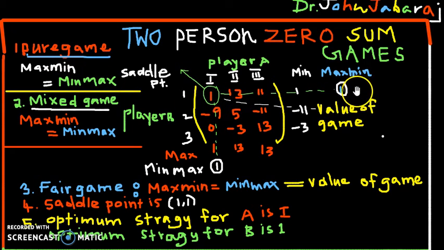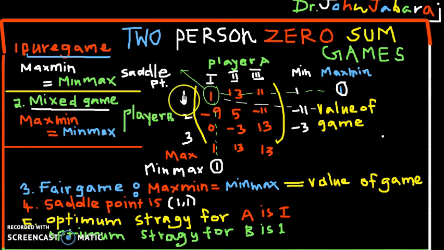Now look at that, the intersection of max min and min max is called a saddle point. Okay, so the saddle point is this. How we have to give the notation for that, how we are representing this.